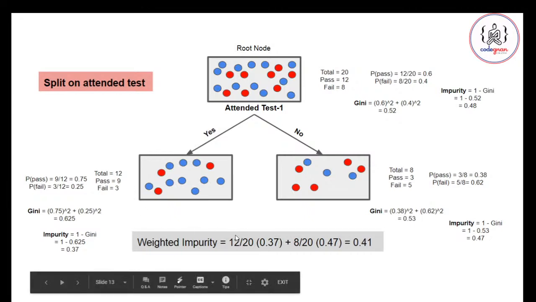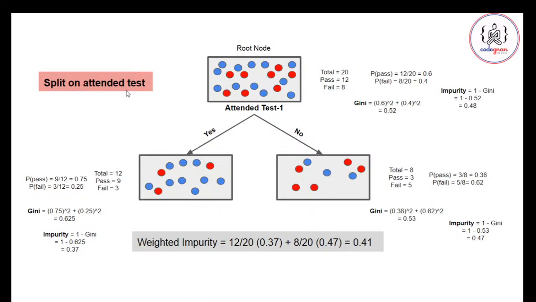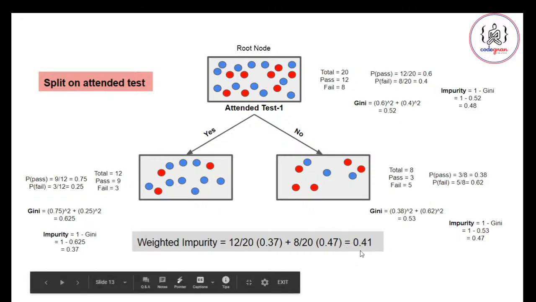So here it is, 12 by 20 into 0.37, and plus you have to do the same thing for this right subnode. You have to take the weighted Gini impurity at this right subnode, and if you add this to the weighted Gini impurity for this split on attended test, it is coming out to be 0.42, and at the root node we have this impurity as 0.48.